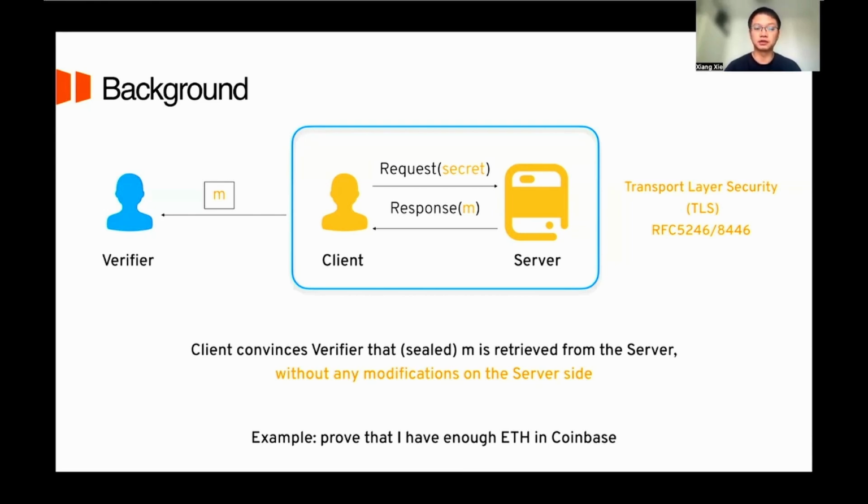In this case, we are considering the transport layer security, TLS 1.2 or 1.3. For example, I have a Coinbase account, and I want to prove to another party that I have enough ETH in Coinbase, without any help from Coinbase itself.